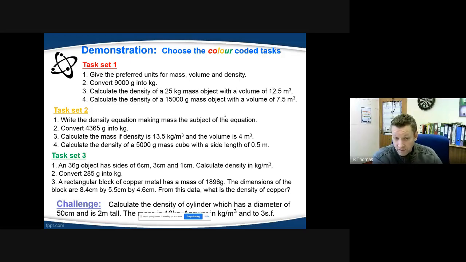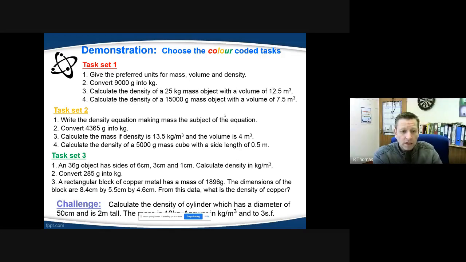The next thing you have to do then is convert the centimeters into meters. That's 0.06, 0.03, 0.01. And multiply all of them together, and I think you get 0.00018. And then the density is the mass divided by that volume. I'm not going to fib, I'm looking at my answer sheet here. That comes out as 2,000 kilograms per meter cubed.